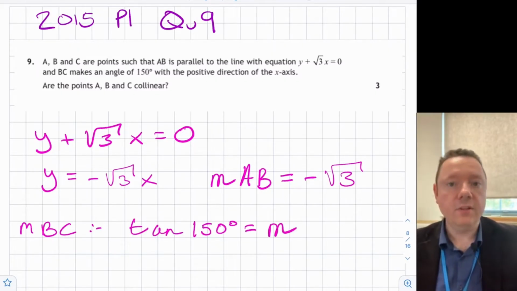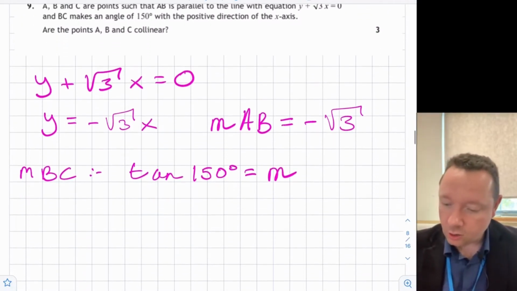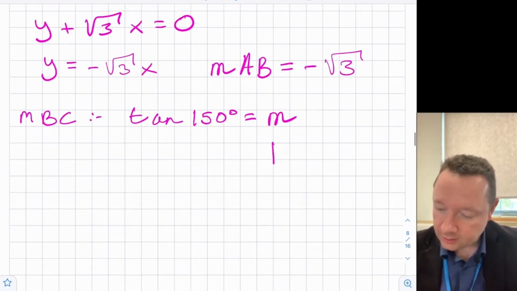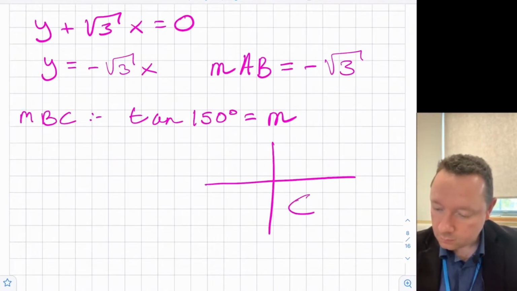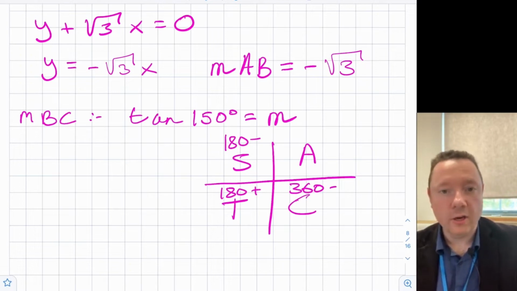Now, 150 degrees is not an exact value, but it is related to an exact value. So if we draw a CAST diagram, then that's 180 minus, 180 plus our angle, and 360 minus. If we look at this one here, 180 minus 150 is 30, so it's related in that point.